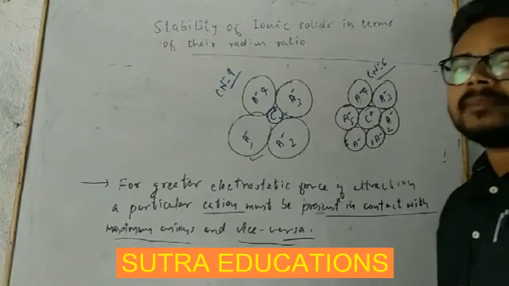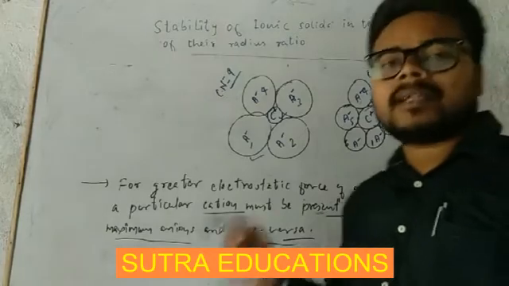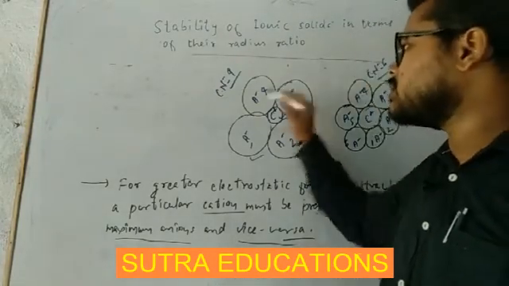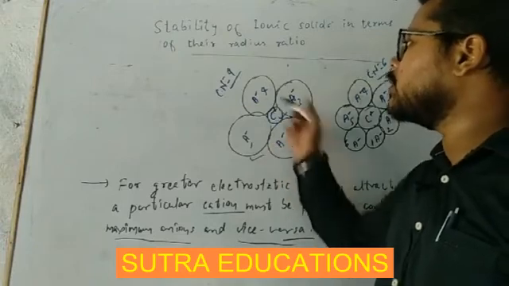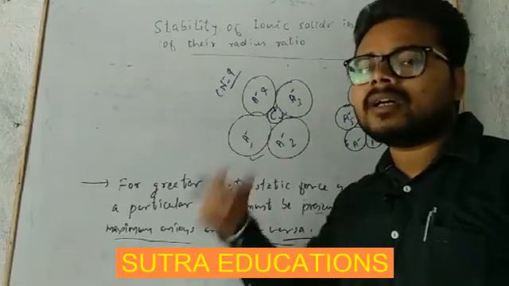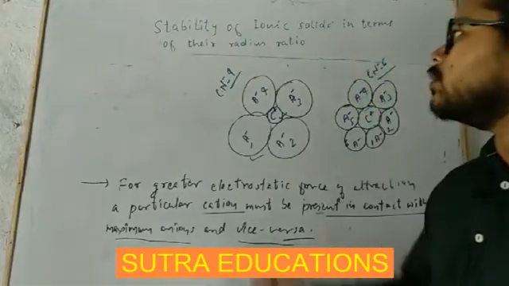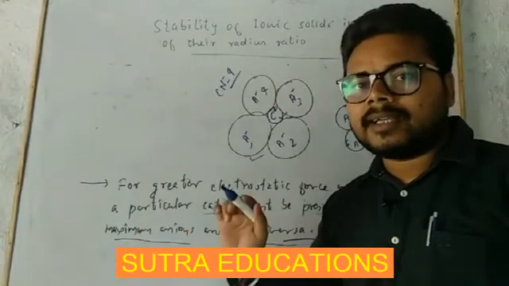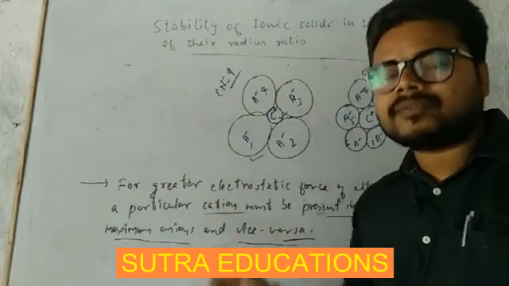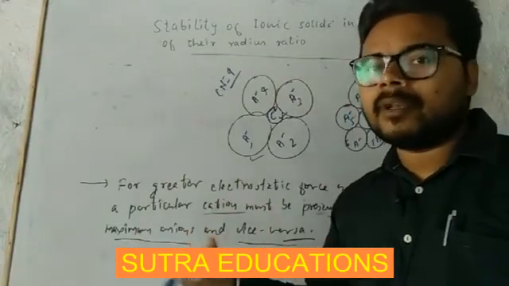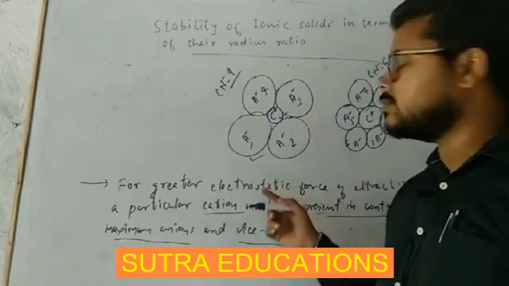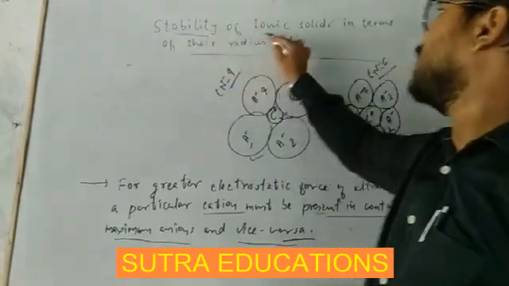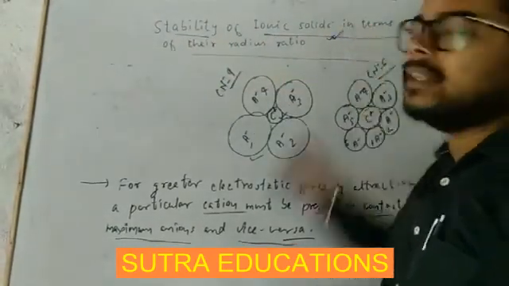Means what does this mean? If size of anion is smaller, then more and more anion will surround a cation, and if more and more anion will surround a cation, then the electrostatic force of attraction between them will be more, and if electrostatic force of attraction between them will be more, then stability of the ionic solids will increase.